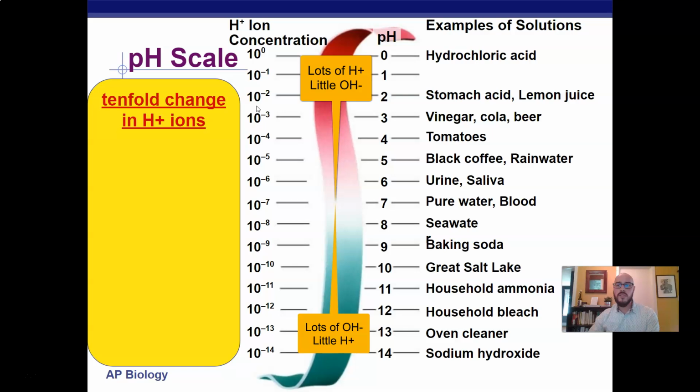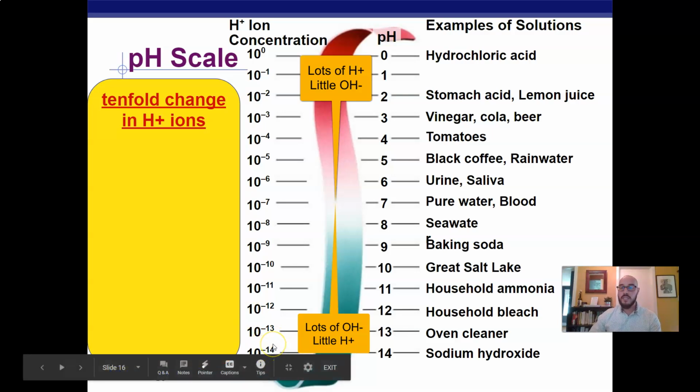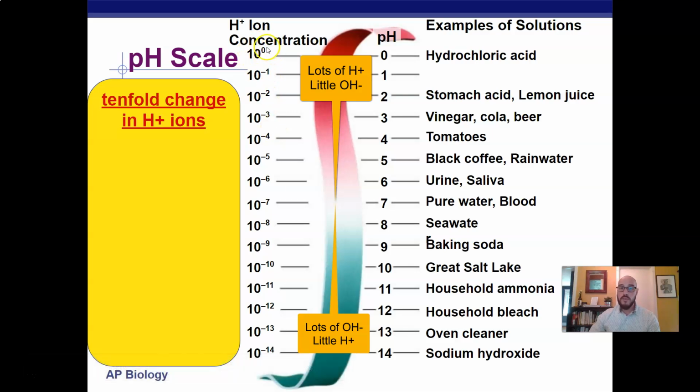So a lot of times students get confused because they think a higher number actually means that it's acidic, and they think that a lower number means that it is basic. You have to remember this is about decimals, so we're talking about things getting smaller and smaller and smaller. So we define pH by the number of hydrogen ions.